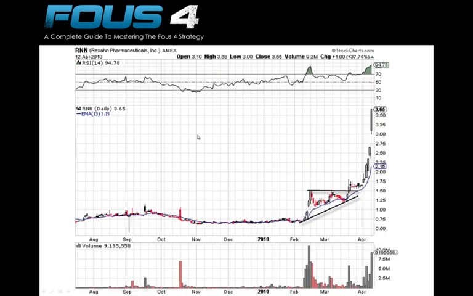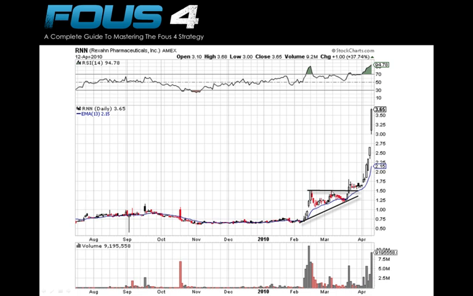Then here we got RNN. As you can see here, the lead-in trend is fairly neutral. And then we got this huge spike in volume plus price here, which created the phase one run, followed by the phase two consolidation, where we were able to form the ascending trend line.